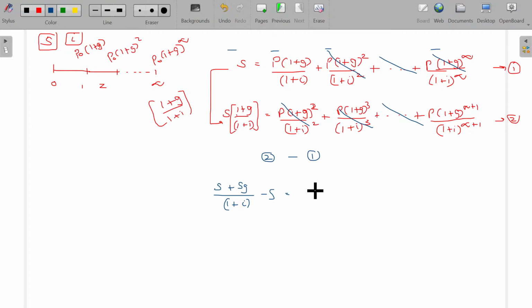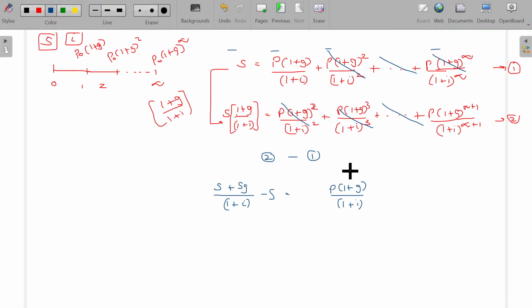Here the value being P into 1 plus g divided by 1 plus i. Change the signs also, right? I change the sign. Probably 1 minus 2, like I can write.